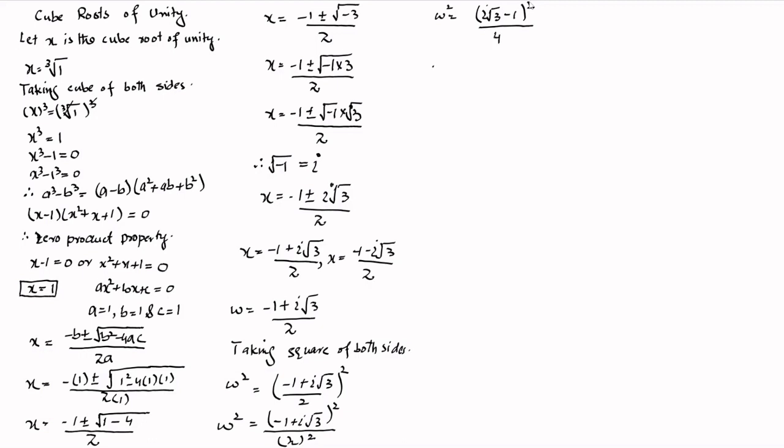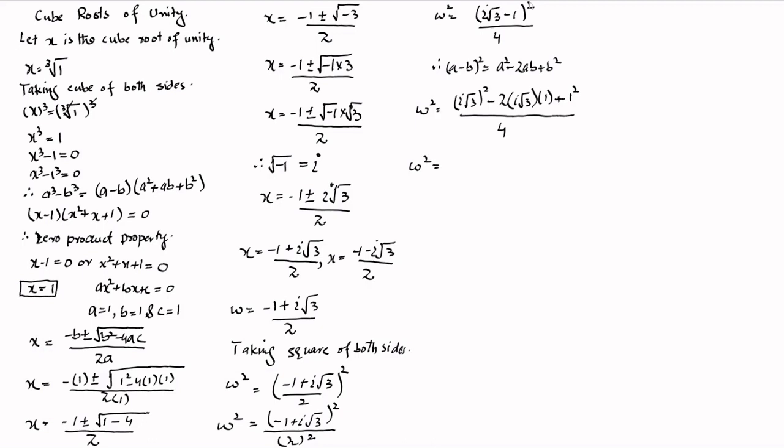Now for the numerator we will use the formula a minus b whole square is equal to a square minus 2ab plus b square. So omega square is equal to iota under root 3 whole square minus 2 into iota square root 3 into 1, and b square will be 1 square, divided by 4.